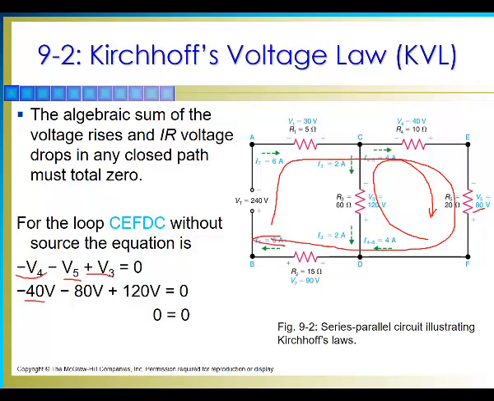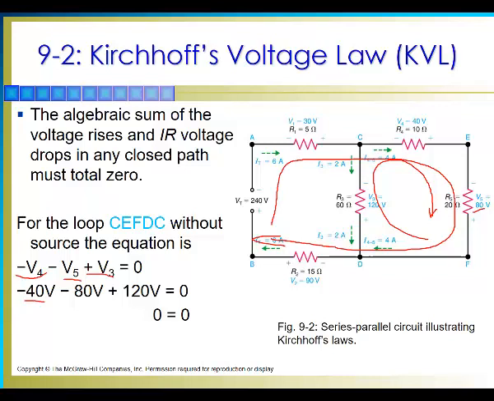Okay, so now if we go clockwise, we can say that this is going to be 240, then minus 30, that's 210, then minus 40, that would be 170, then minus 80, that would be 90, then minus 90, that will give you 0.